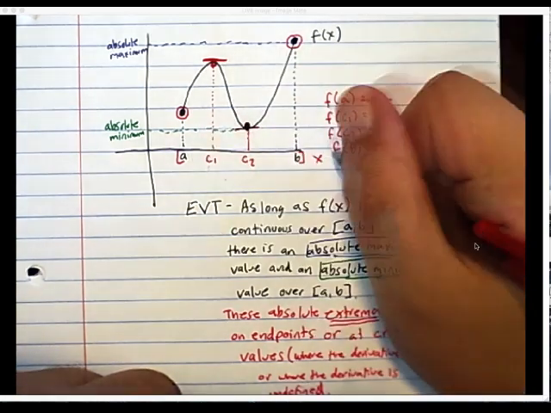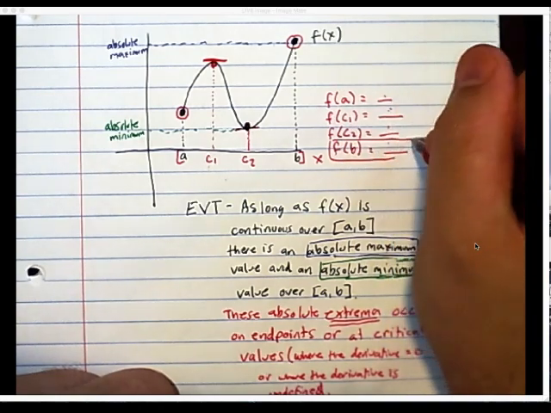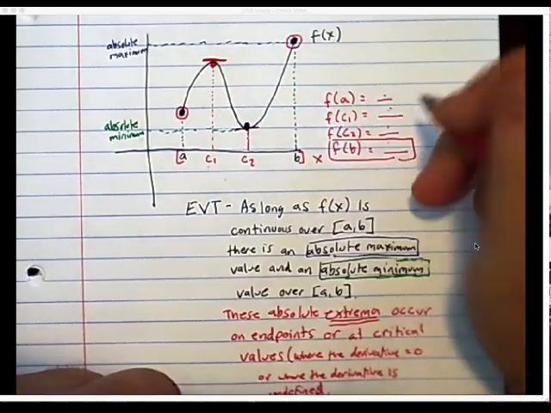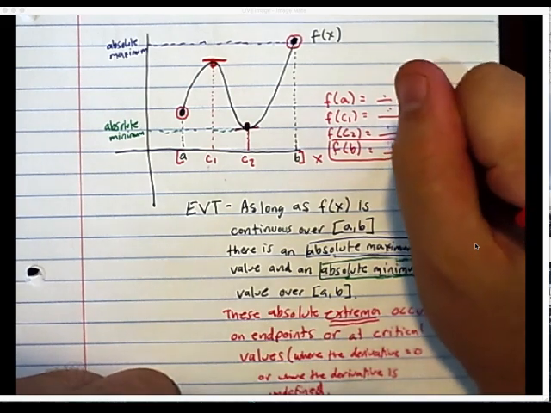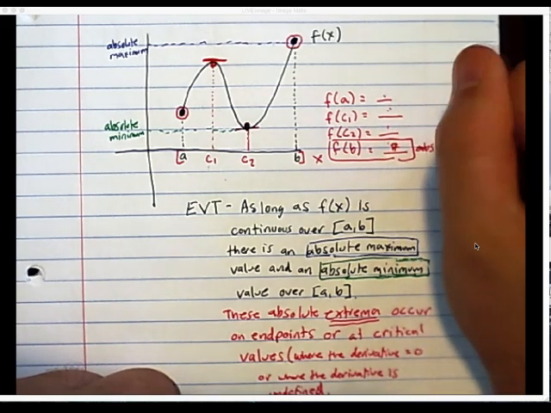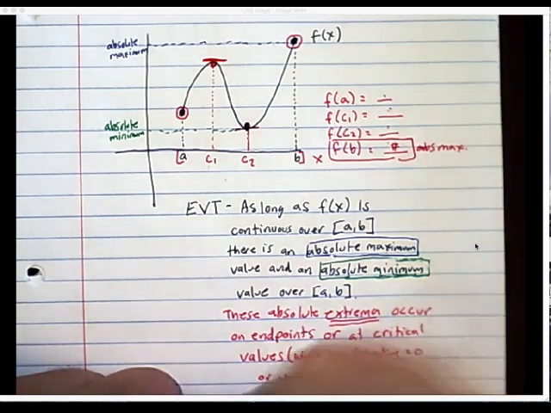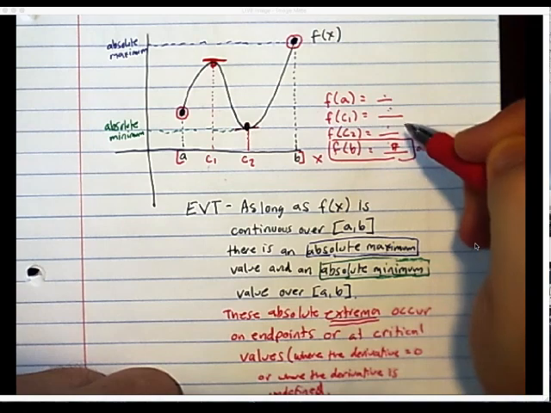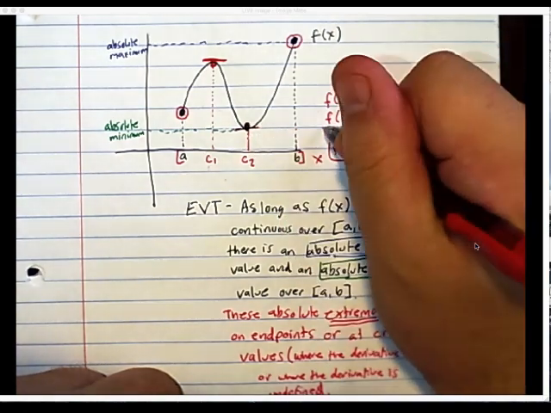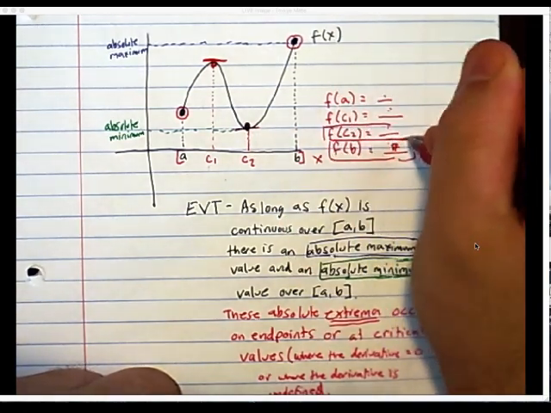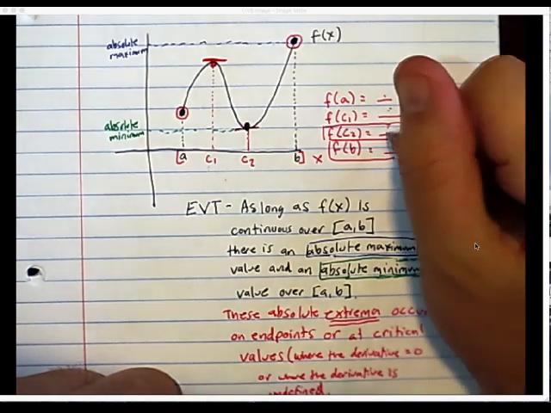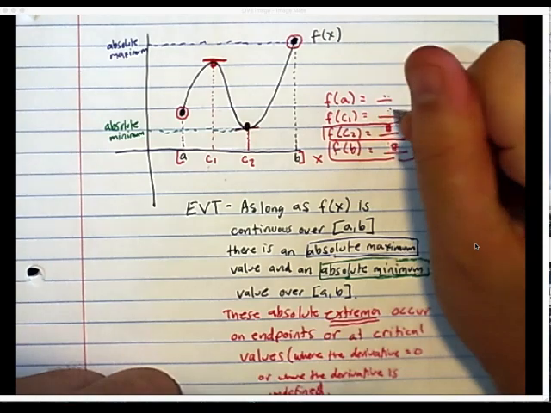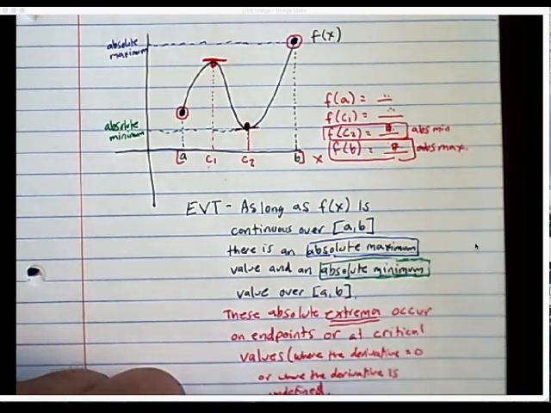For this particular curve, that one would be the biggest because it's the high point in the graph. So this number right here would be the absolute max. Then for f of C2, that y value, we would get a number out, and that's going to be the low one, because we would compare these 4 numbers and ask ourselves which one's the smallest.